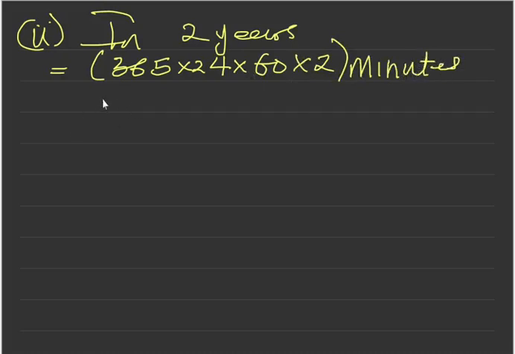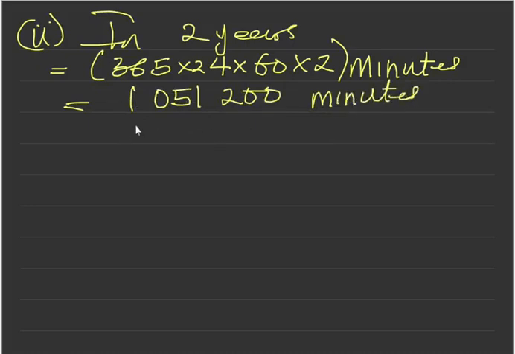By pressing our calculator, you also cross-check, and the final answer is 1,051,200 minutes in 2 years. That's all, because we have 365 days, a day is 24 hours and 1 hour is 60 minutes. So that is how it is.